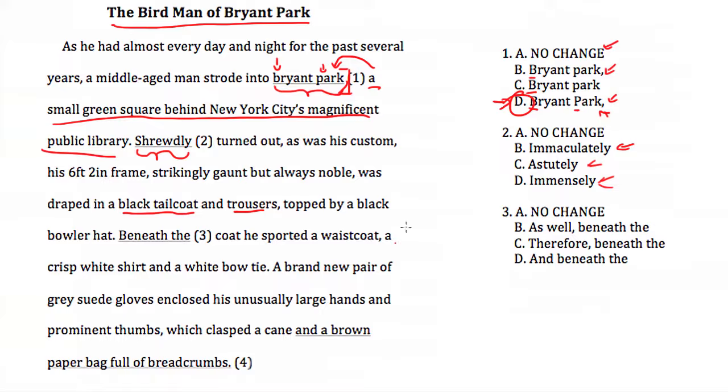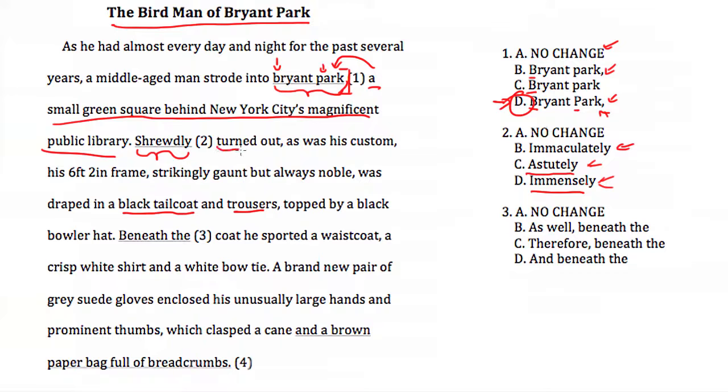Or is he immaculately dressed, which would be perfectly dressed or dressed up, astutely dressed, which again is observant, or immensely, large or important? Immensely turned out, astutely turned out, immaculately turned out, or shrewdly turned out.